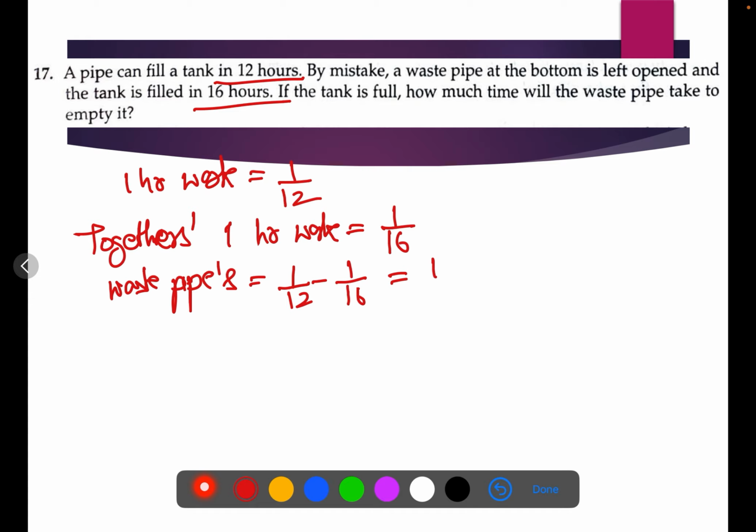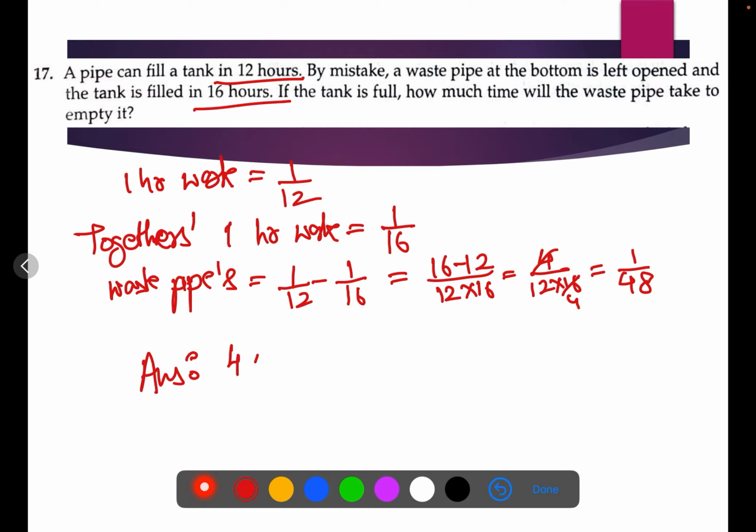So it will give you 16 minus 12 upon 12 into 16, which is then 4 upon 12 into 16. Let's reduce and you will get 1 upon 48. So that means waste pipe will take 1 upon 48 hours to empty. So my answer will be 48 hours.